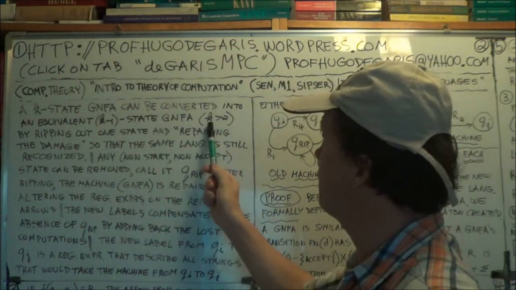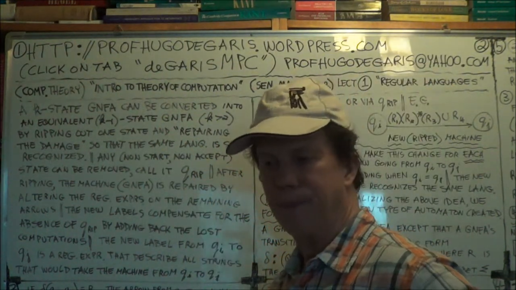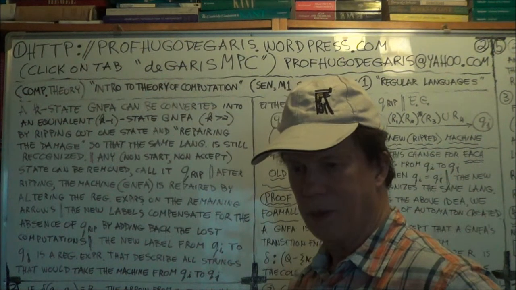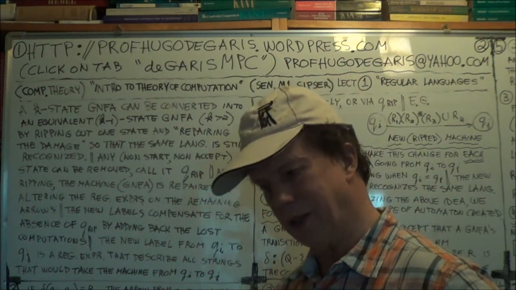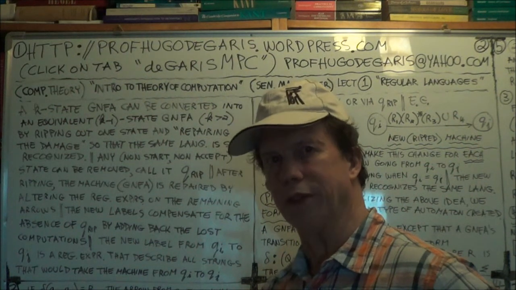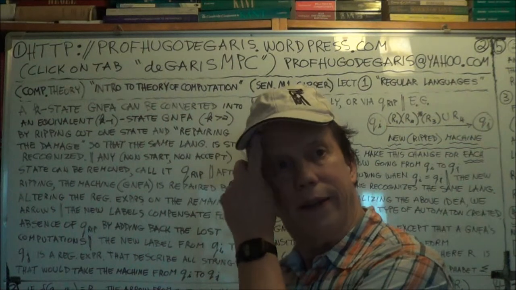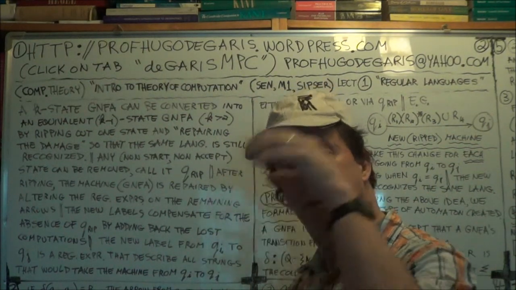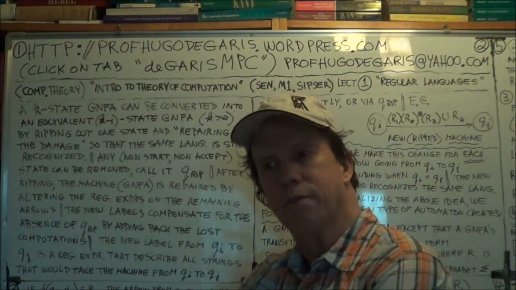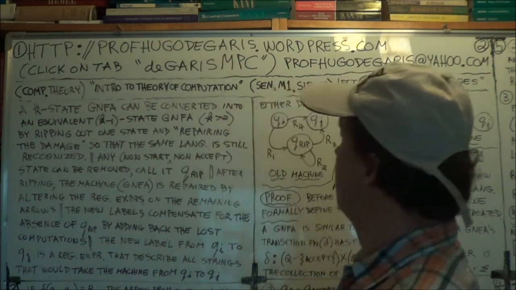Right? And k has to be greater than 2. The smallest GNFA you can have is with 2 states: the start state and the accept state. And there can only be one of each, and they have to be different. Remember the 3 conditions we placed on a GNFA on the last board.